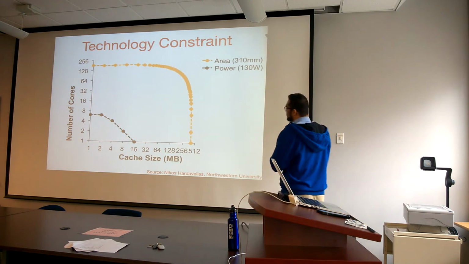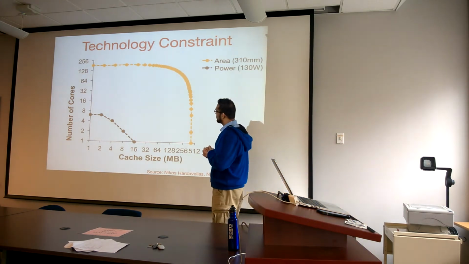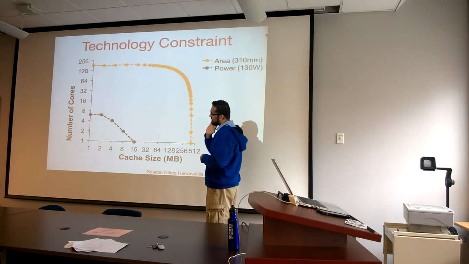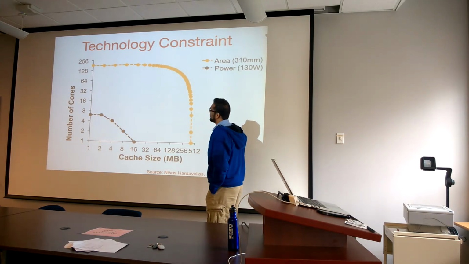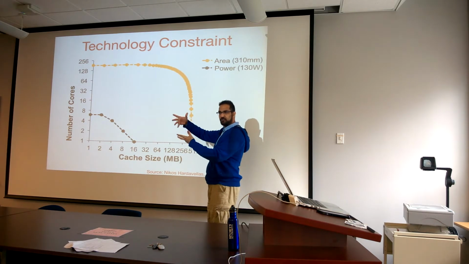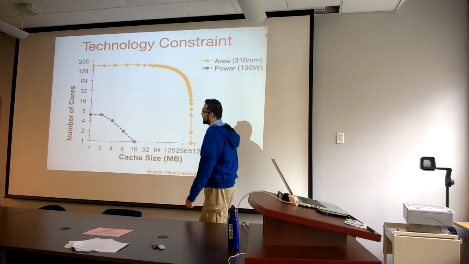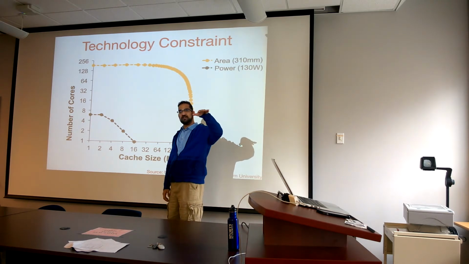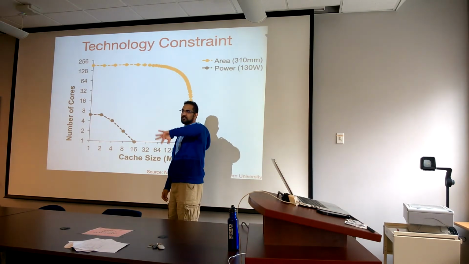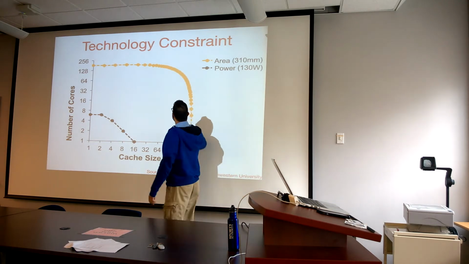Okay, so another way to look at this is, let's say that you have a hypothetical chip, and you can fill it up with cache and some number of cores. Essentially you have two constraints. One is the area constraint. Let's say I'm only constrained by the amount of transistors on the chip, and that's this yellow curve.